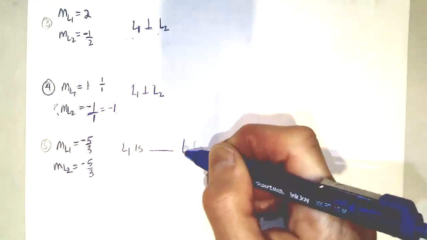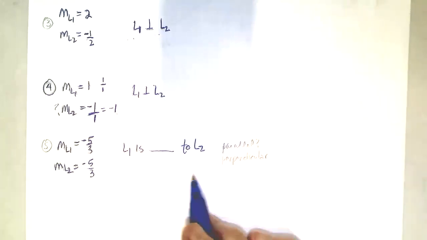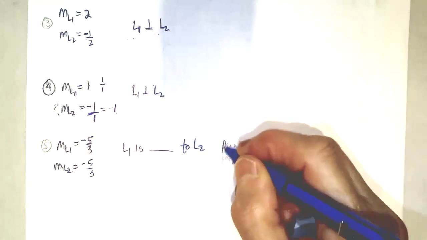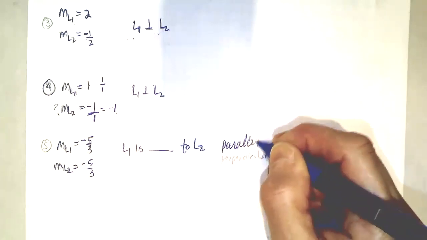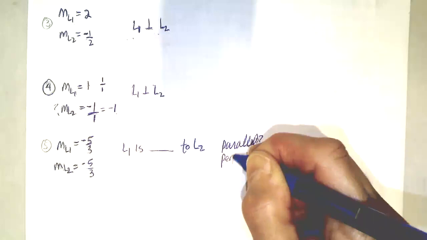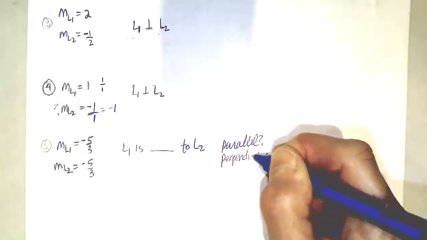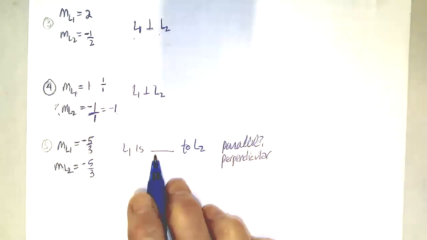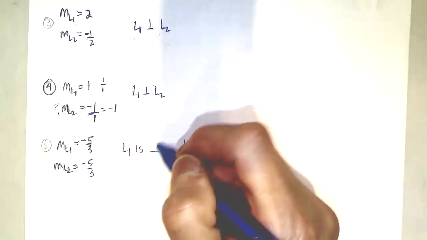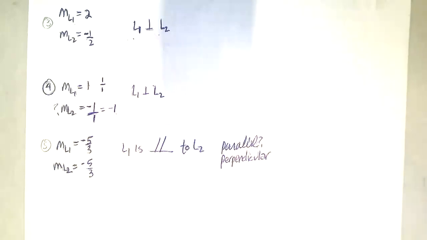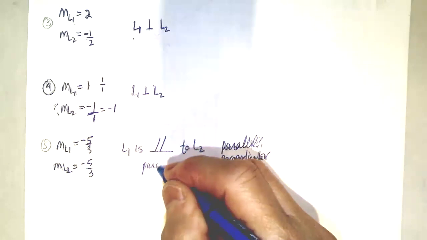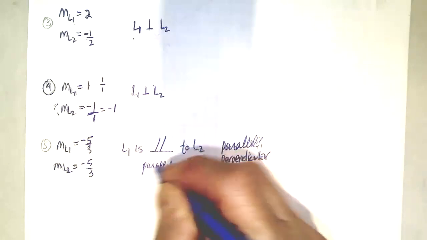L1 is blank to L2. Are they parallel or are they perpendicular? And because the slope is the same, you would fill in the word parallel, or if you're lazy like me, you can do that. But you can put the word if you want.